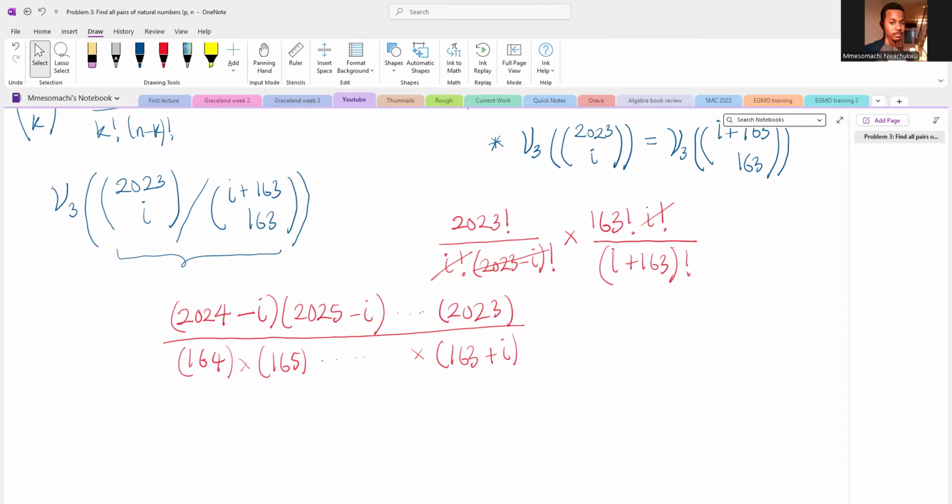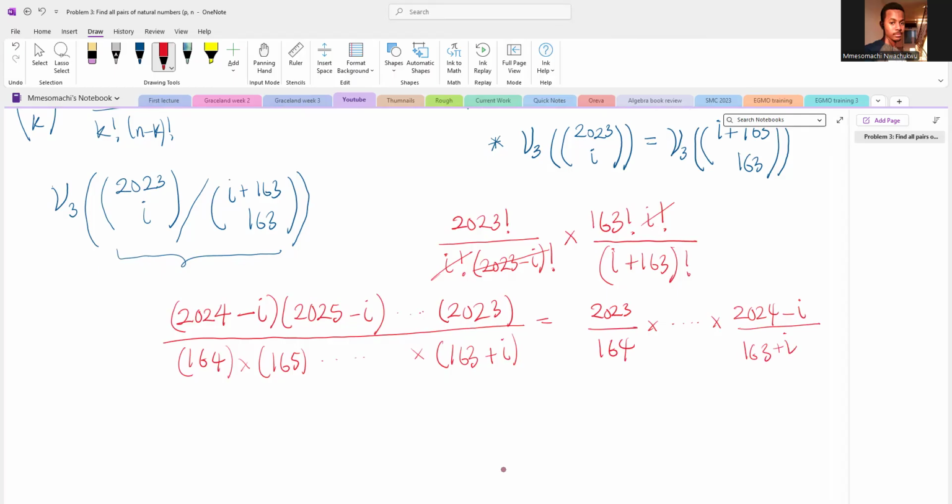So let's rearrange it this way. So this is equal to 2023 over 164 times 2024 minus I over 163 plus I.